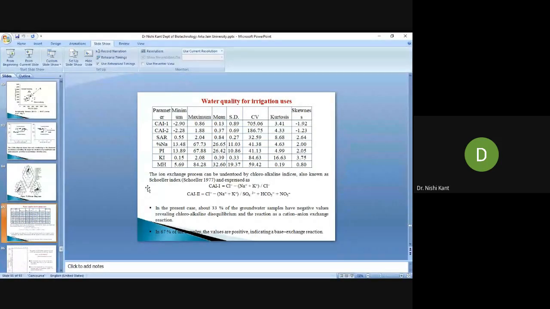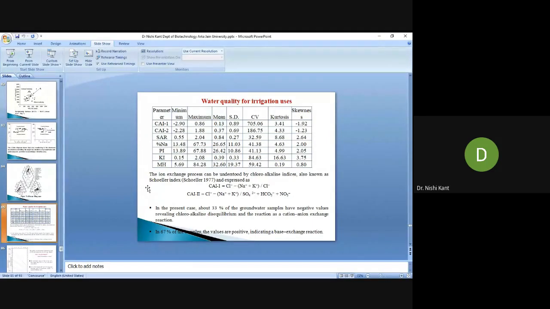If sodium and potassium in water are exchanged with magnesium and calcium, the value of the ratio will be positive, indicating the base exchange phenomenon. The negative value of the ratio will indicate chloroalkali disequilibrium and the reaction as the cation-anion exchange reaction. During this process, the host rocks are the primary source of dissolved solids in the water.